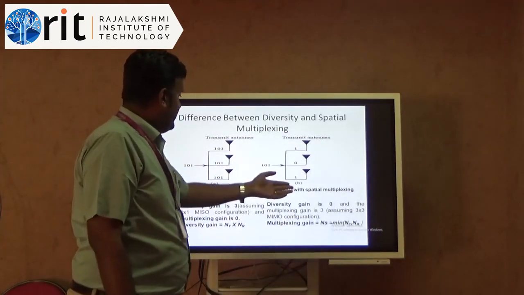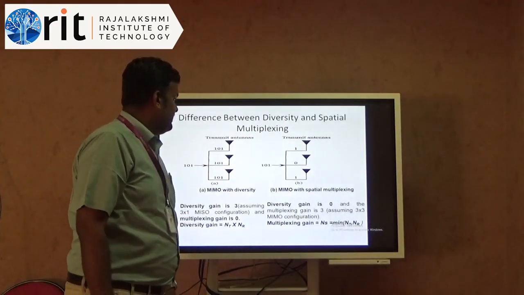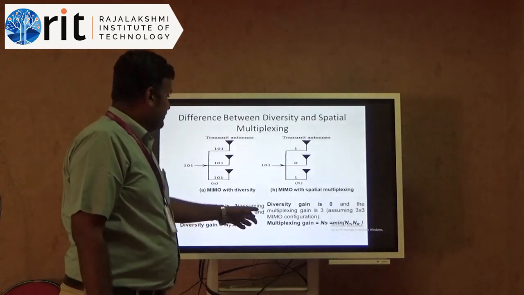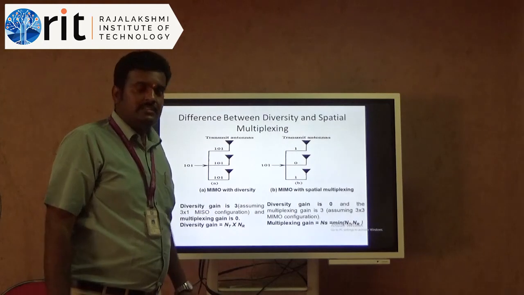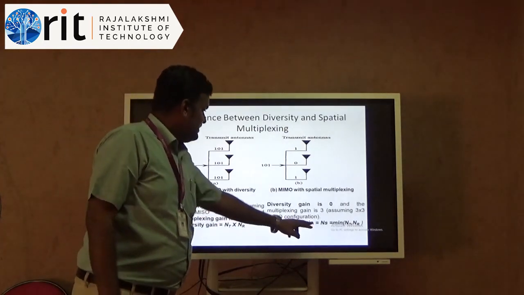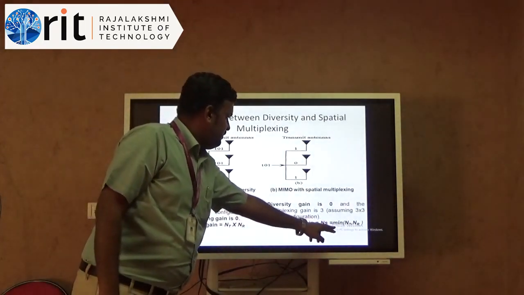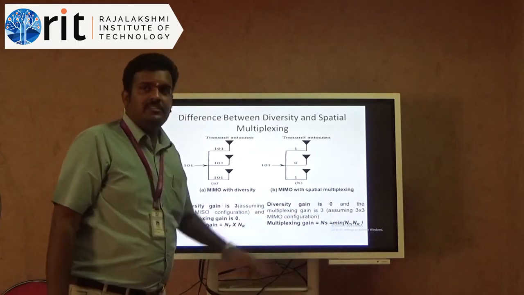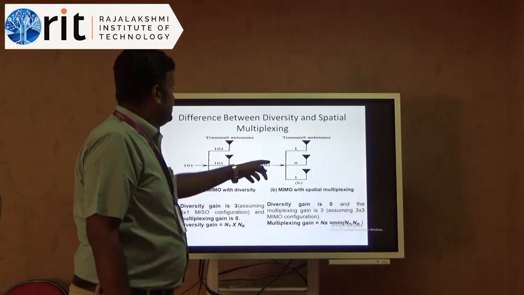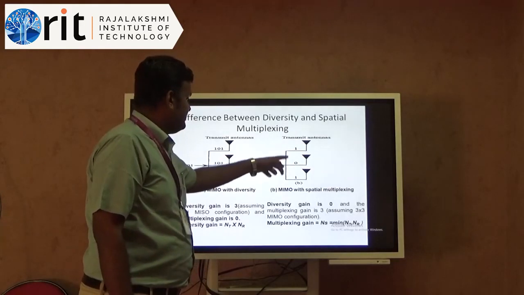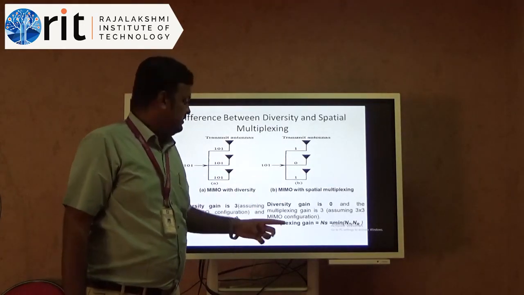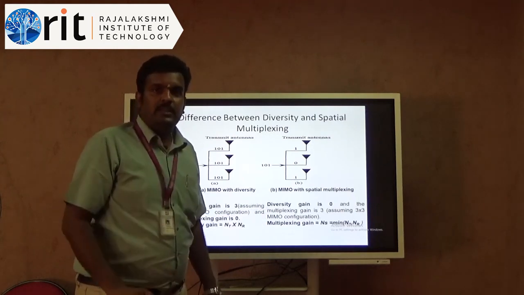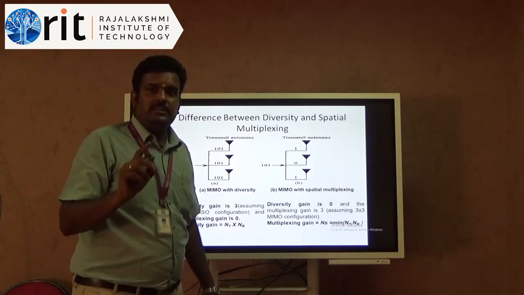On the other hand, if you are considering spatial multiplexing, the multiplexing gain is considered and the diversity gain is assumed to be 0. To calculate multiplexing gain, we need to take the minimum of the number of transmitting antennas and the number of receiving antennas. Here, if we assume there are 3 transmitting antennas and 1 receiving antenna, the multiplexing gain is 1, because the minimum of 3 and 1 is 1.